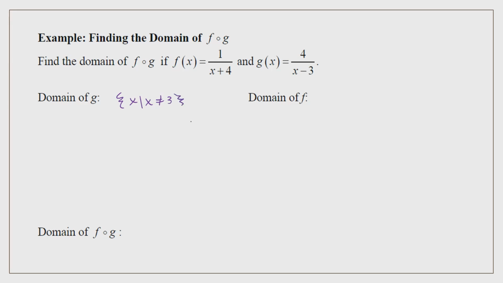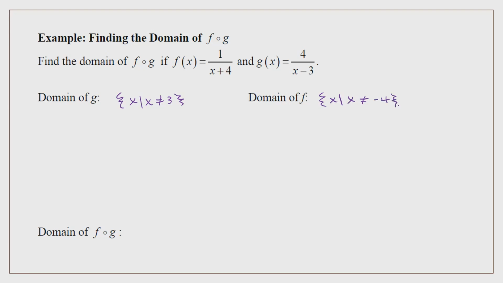Now for the domain of f, we look at our function f of x. Similarly, we know the denominator cannot equal 0. So we'll set the denominator equal to 0 to find the x value that would make the denominator 0. In this case, it would be negative 4. So all x values except for when x equals negative 4.